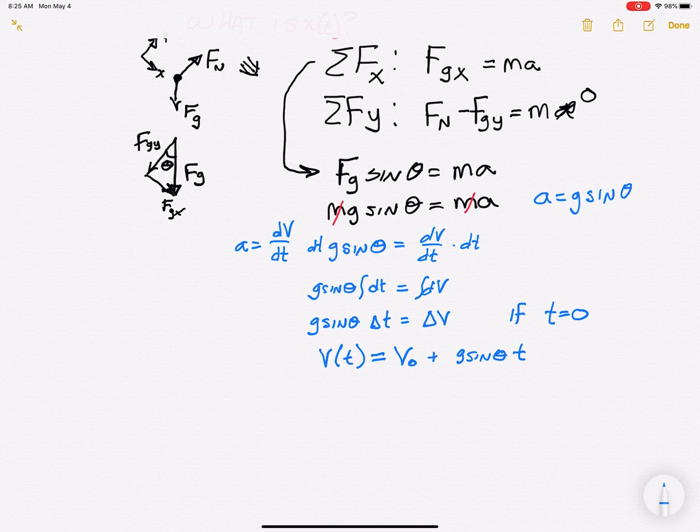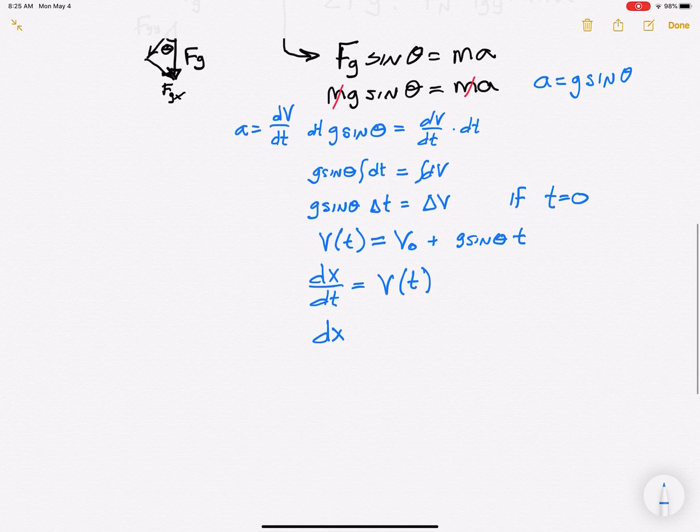dv dt is dx dt, and that's equal to our velocity. So I can write dx as the velocity as a function of time dt.